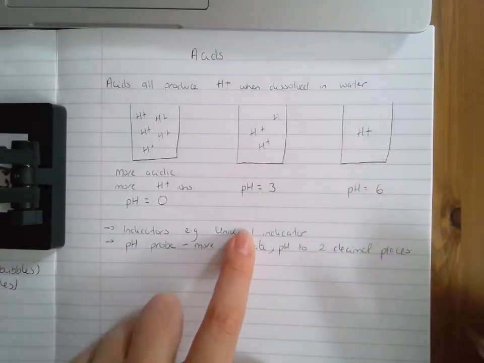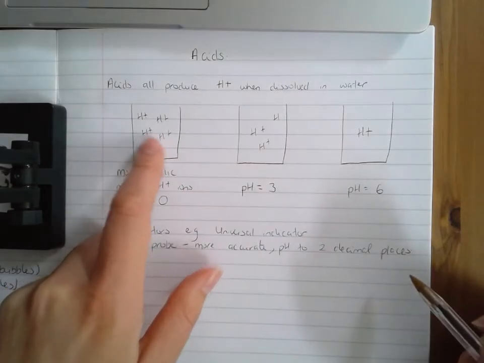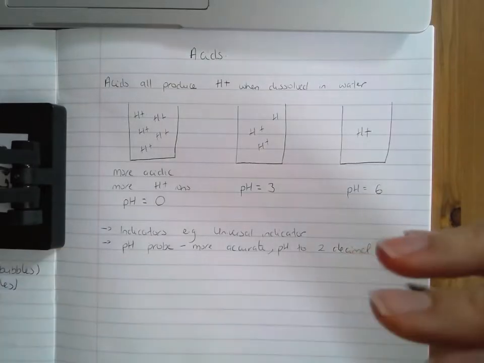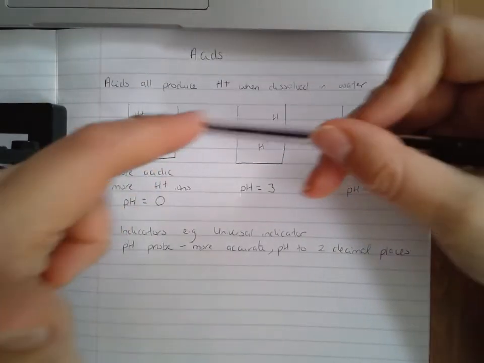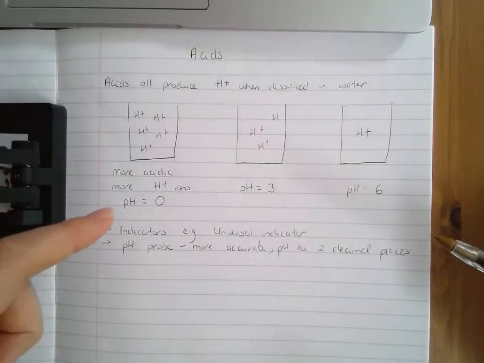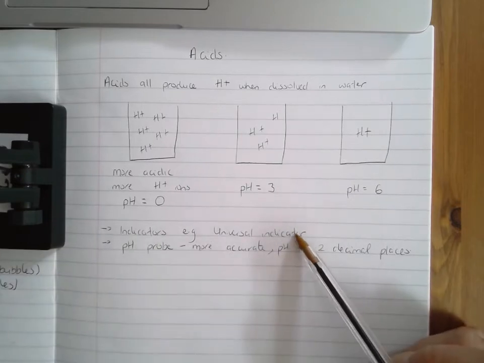When you're using universal indicator, you add the indicator to the beaker and it turns red, say, and then you've got a chart and you have to compare the shade of red that your acid has turned to the chart to see what the pH would be. That's not always entirely accurate. It will tell you it's an acid, but it's hard to get an accurate pH from an indicator.